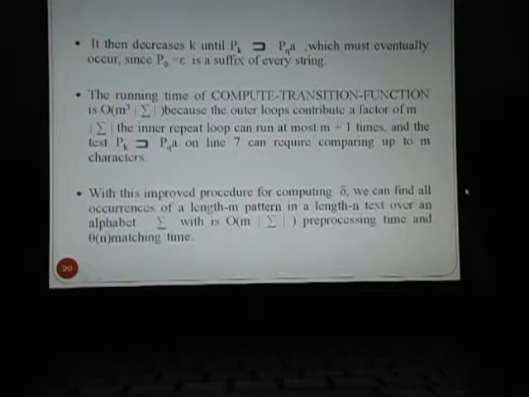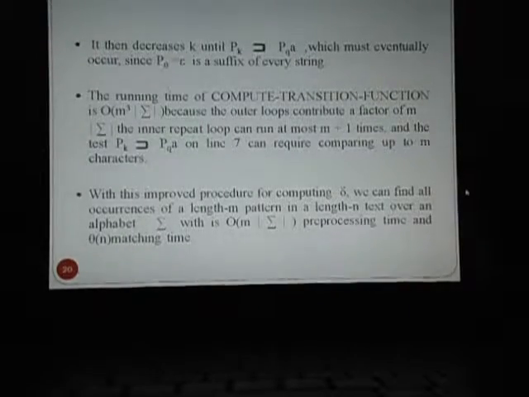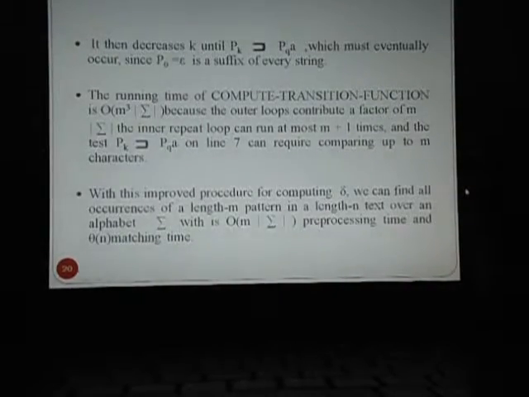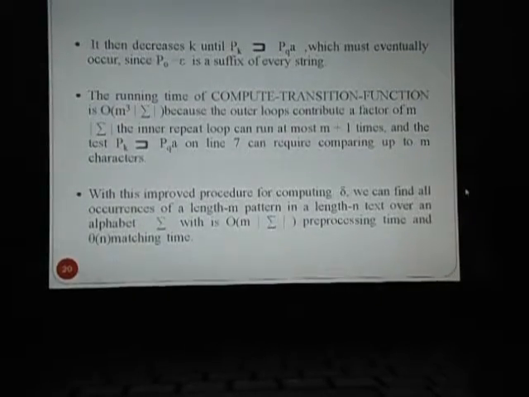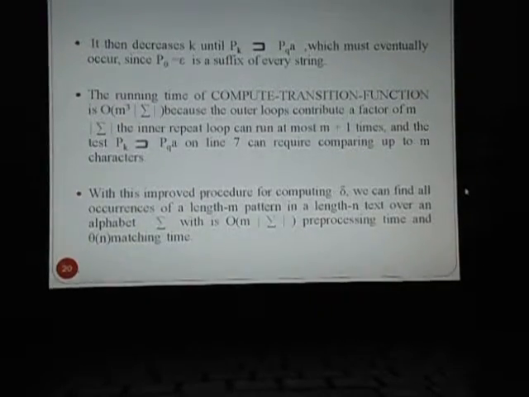The running time of the compute transition function is of the order of m cubed times the magnitude of sigma, because the outer loops contribute a factor of m times the magnitude of sigma. The inner loop can run at most m plus 1 times, and the test for pk being a suffix of pqa on line 7 can require comparing up to m characters.